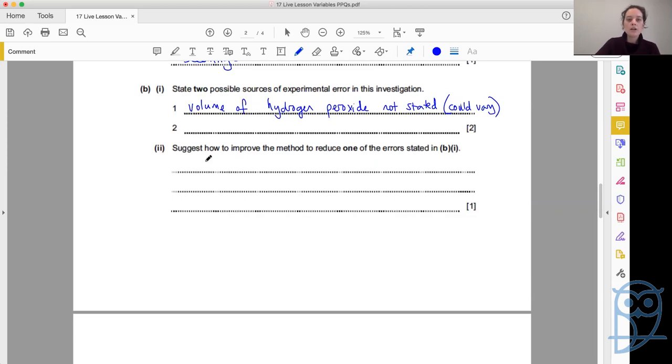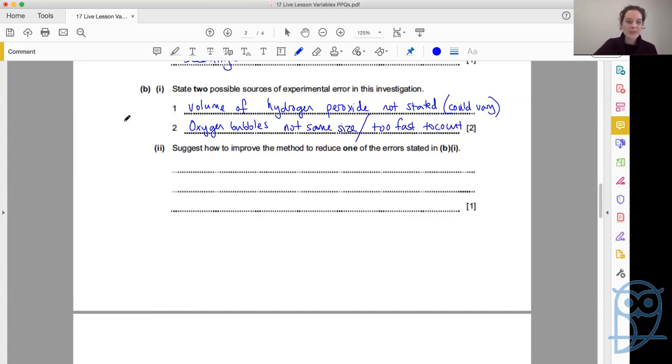The other one was oxygen bubbles are not the same size, or they come too fast to count. So you can pick which one you want to use, okay? So, suggest how to improve the method to reduce one of those errors stated in B part 1.